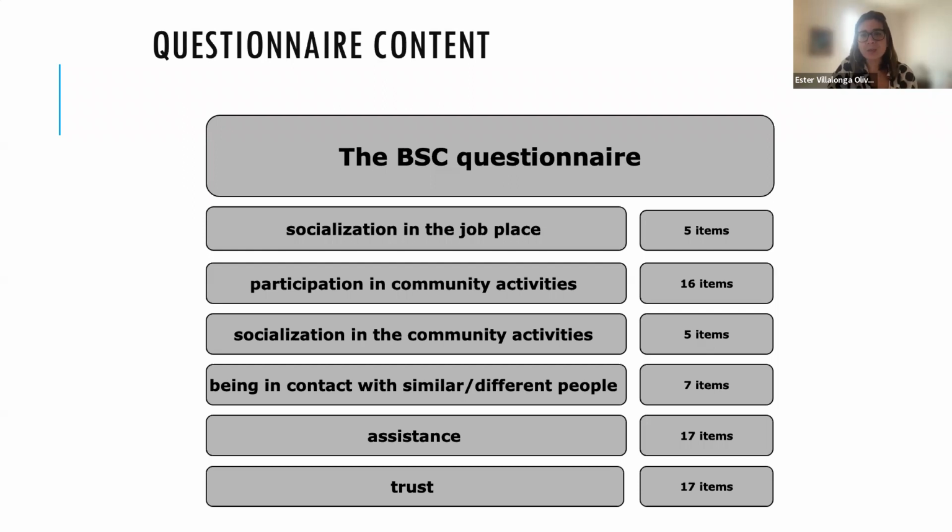What we did was to develop this, thinking about being able to use the subscales independently. And we developed the questionnaire in the 2 languages simultaneously, in English and in Spanish.